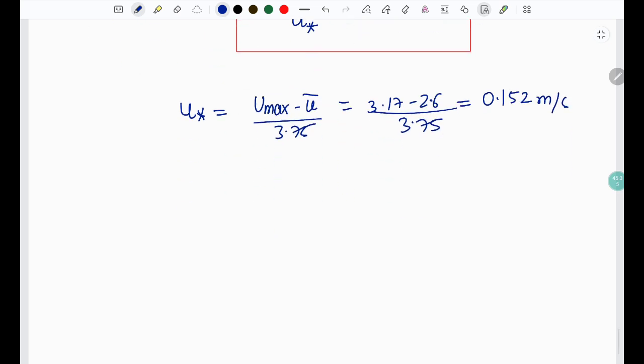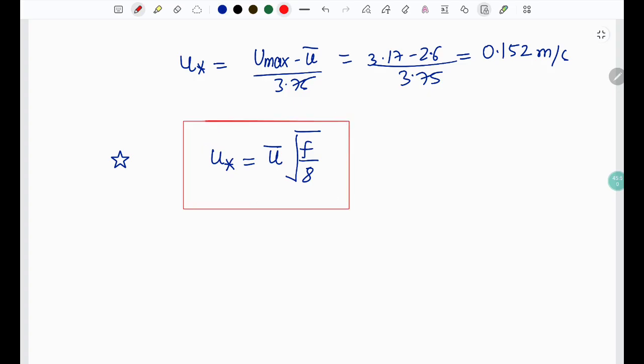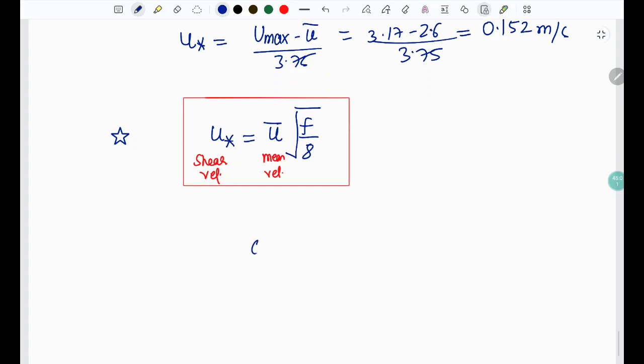Then we had to relate shear velocity to the friction factor, which जो हमें निकालना है. तो u star is equal to u bar root f by 8. This is the relation between the shear velocity, the mean velocity, and the friction factor. We have the u star, that is shear velocity, and we also have the mean velocity.